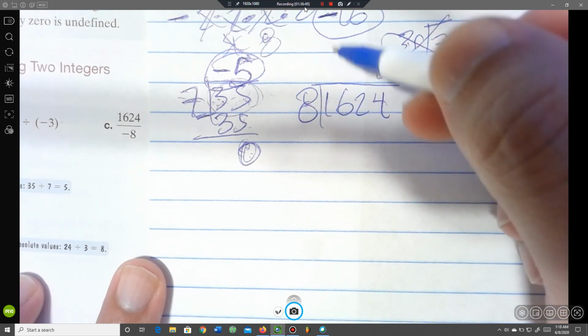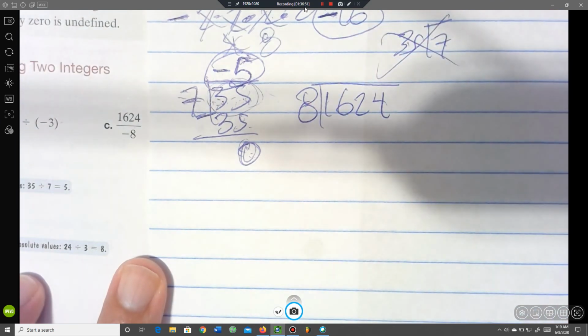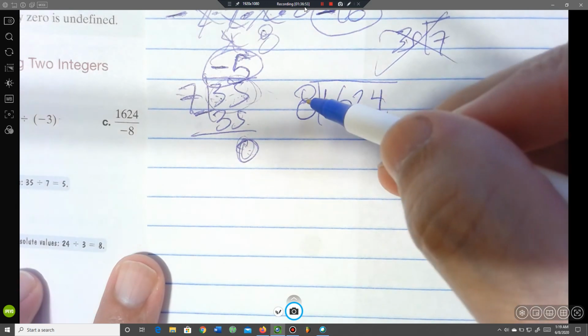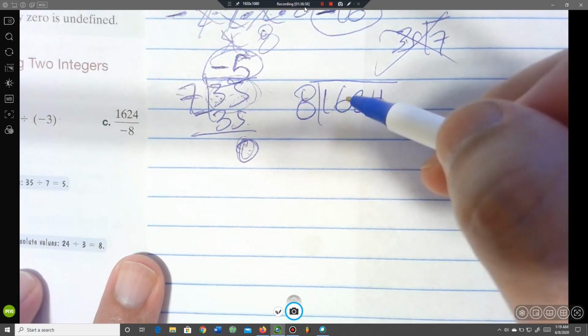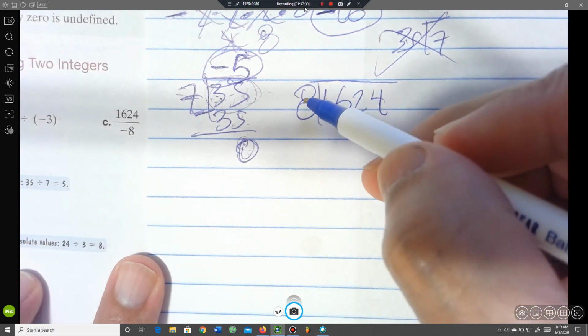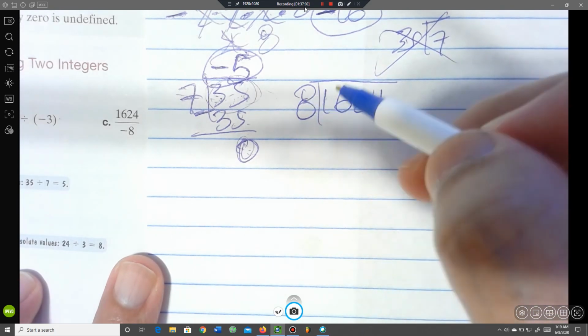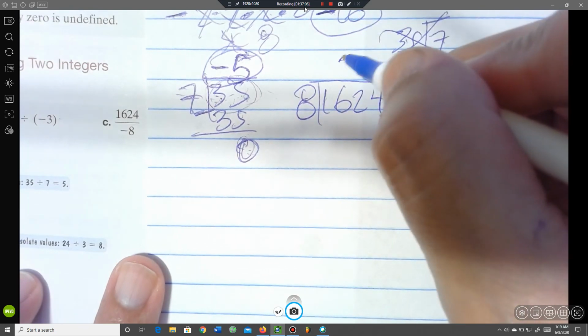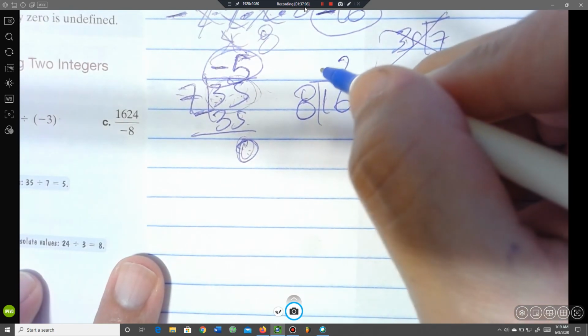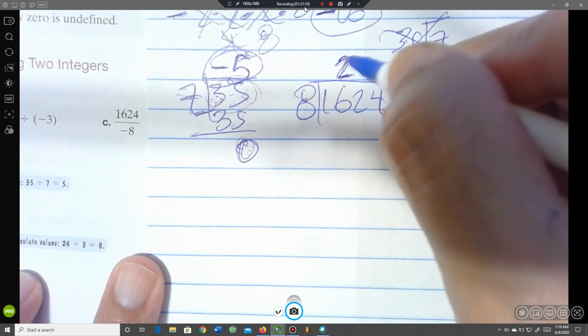Or you could write a 0, but I don't recommend it. So you add one more digit, which makes it a 16. Then ask yourself, how many times does 8 go into 16? That's twice. Start writing up here, not here. That's 2.